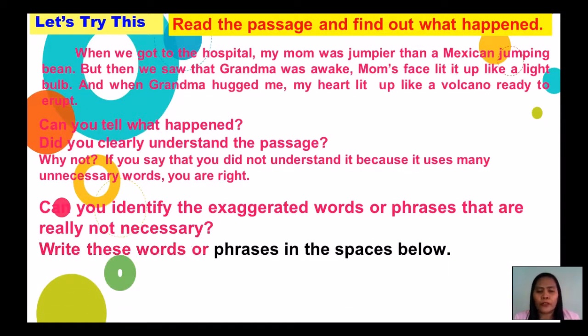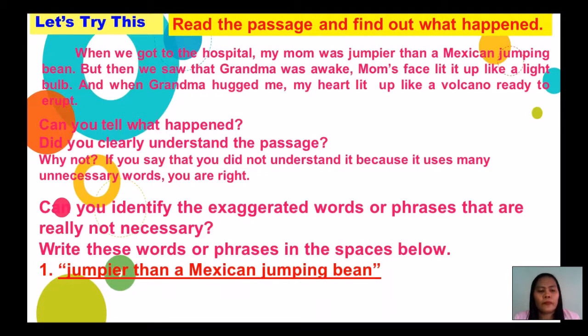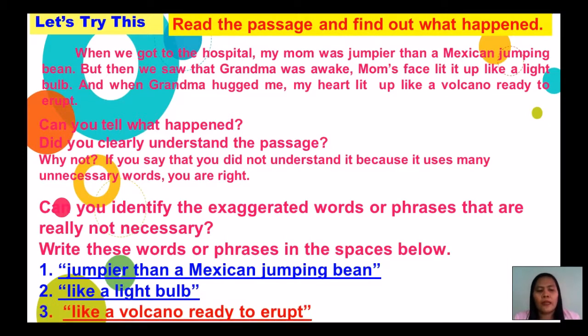Write these words or phrases in the spaces below. 1. Jumpier than a Mexican jumping bean. 2. Like a light bulb. 3. Like a volcano ready to erupt.